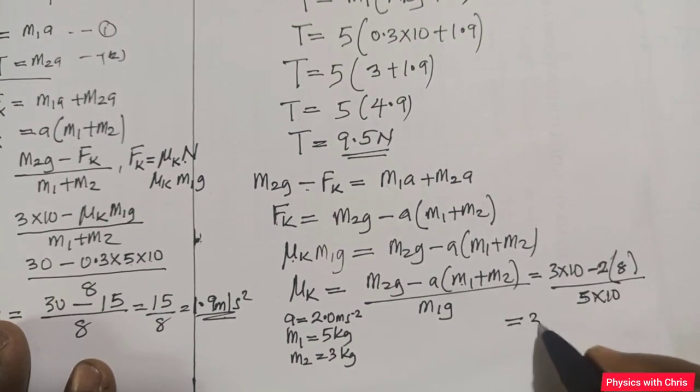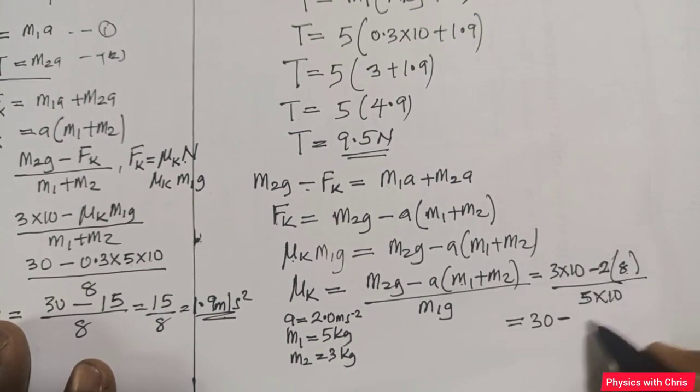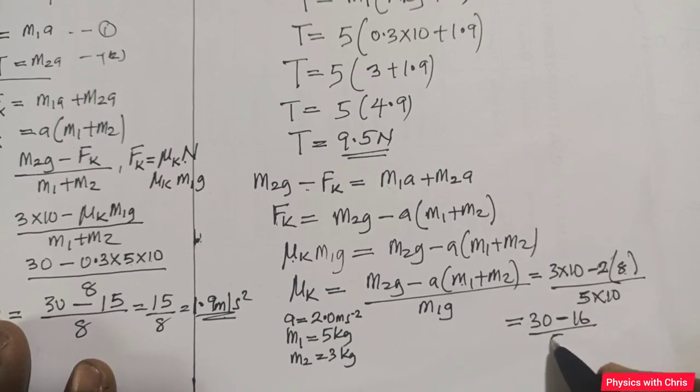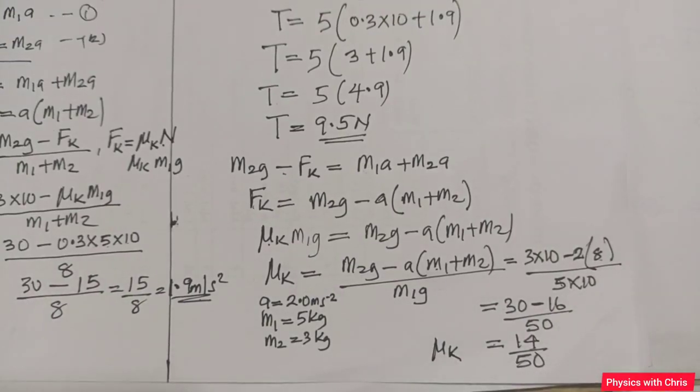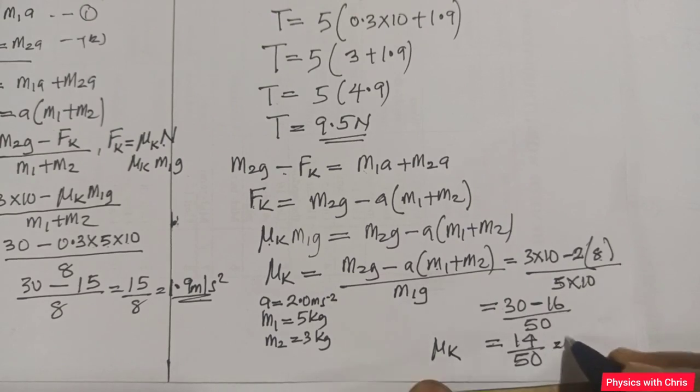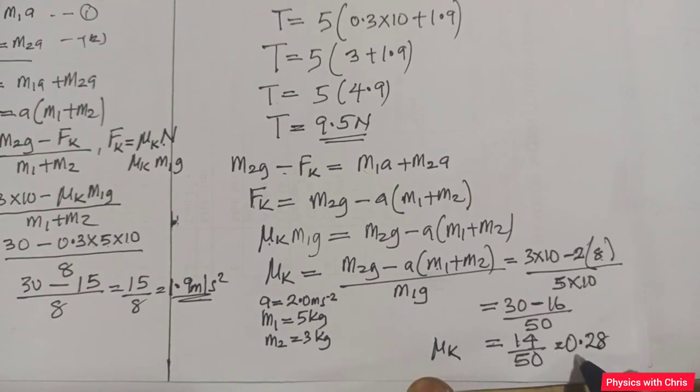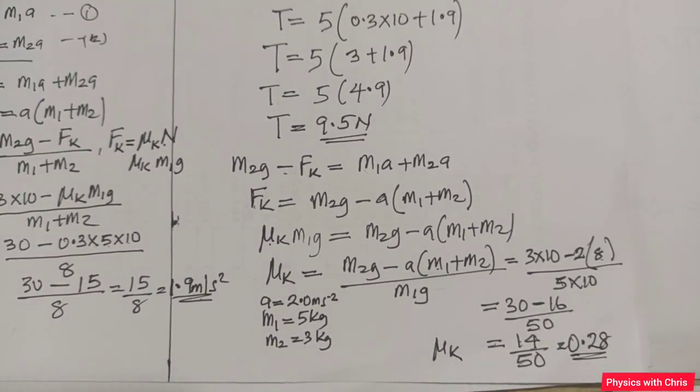So this gives me 30 minus 16, divided by 50. So 30 minus 16 gives me 14 over 50. So my coefficient of kinetic friction is 14 divided by 50, and I have 0.28. 0.28 is my coefficient of kinetic friction.